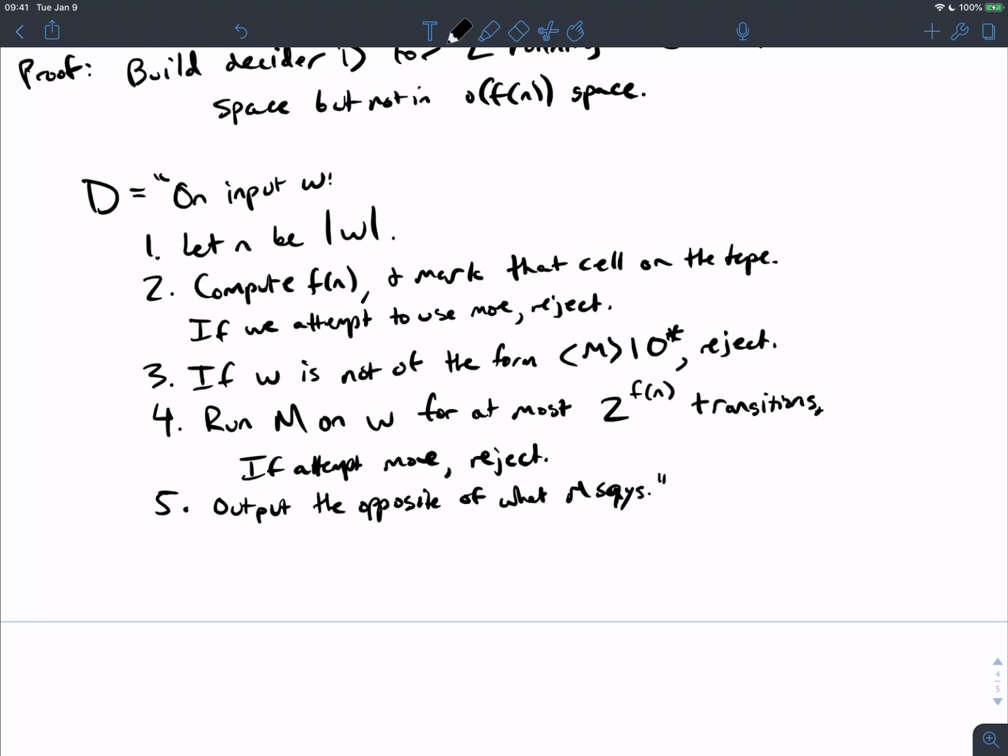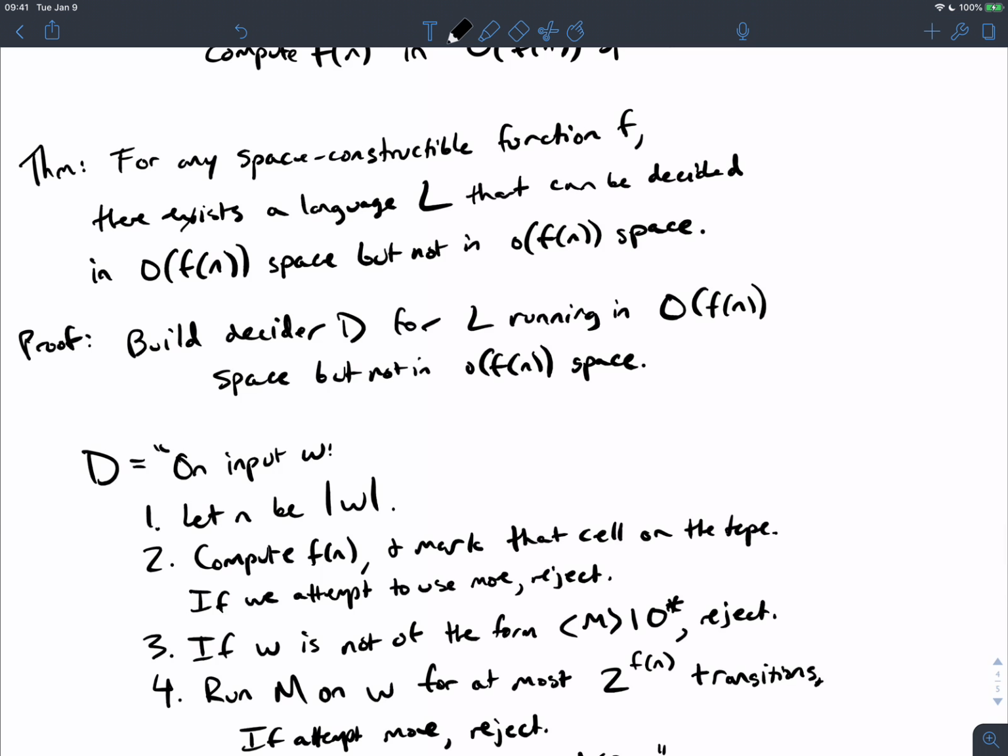Yeah. So we talked about big O of f of n and little o of f of n. Informally, big O of f of n just means any function that's at most a constant times f of n. That's all it means. Little o of f of n means the same thing, but it runs strictly asymptotically slower than f of n.